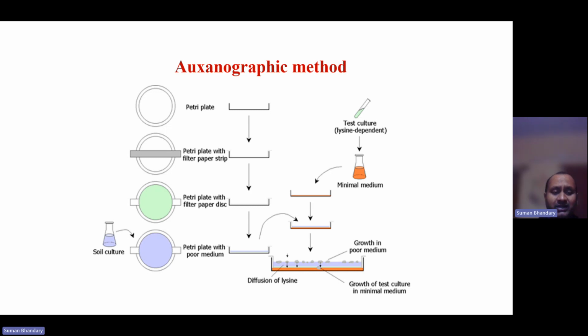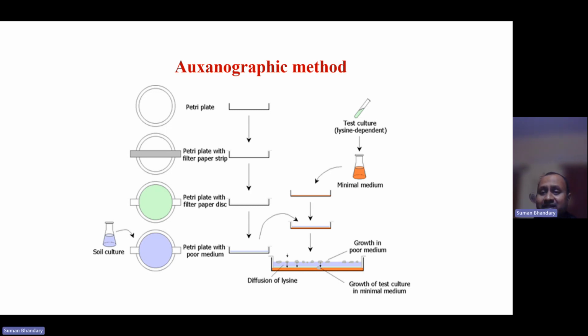In the auxanographic method, first you have to take a pre-sterilized petri dish. Aseptically, you have to remove the lid and then place a pre-sterilized filter strip over the culture plate. Then you have to pour culture medium, and when it is solidified, you pour the required amount of aliquot from the soil sample.